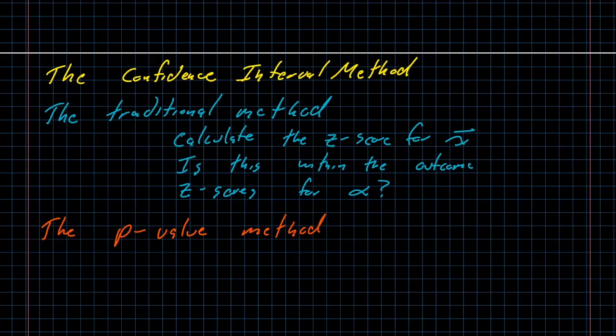The third option for performing a hypothesis test is called the p-value method. And the p-value method is the most common that you'll see used in computer software, because computer software has a much better z-score table than we have.